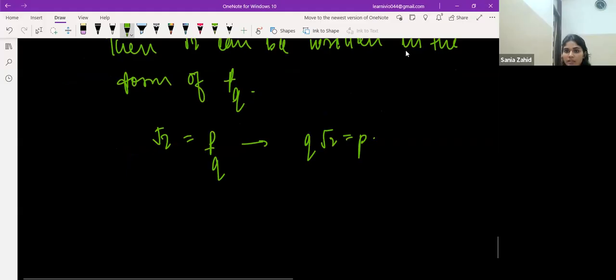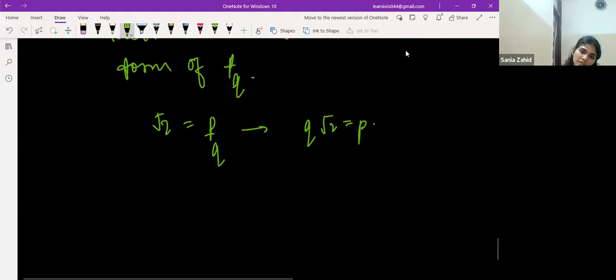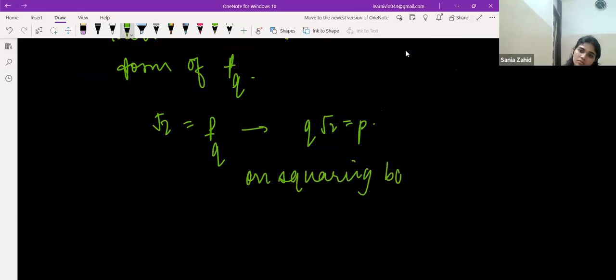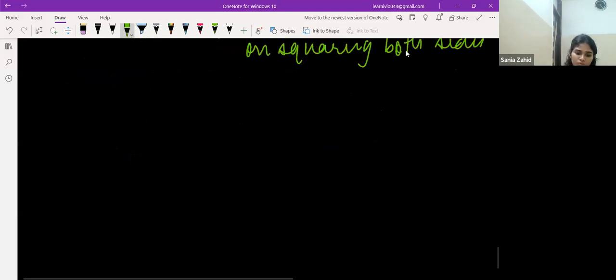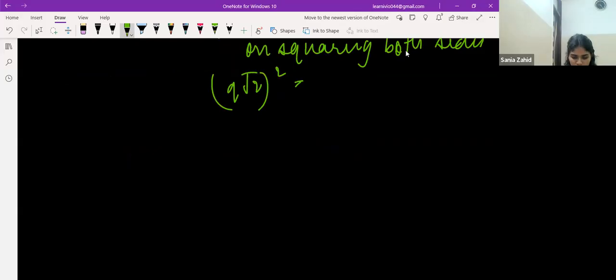Now on squaring both sides, what do I have? q root 2 square is equal to p square, right? So what is q root 2 square? 2q square is equal to p square. You understand this much?